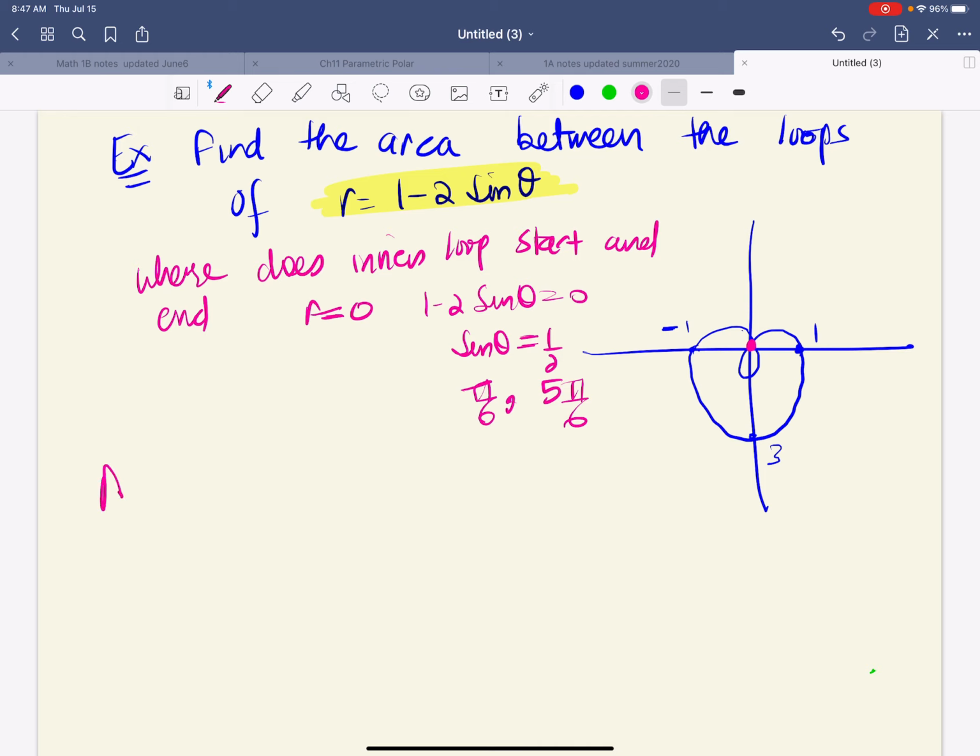So the area of the inner loop is going to equal the integral from pi over 6 to 5 pi over 6 of 1/2 r squared, which is 1 minus 2 sine theta squared d theta.